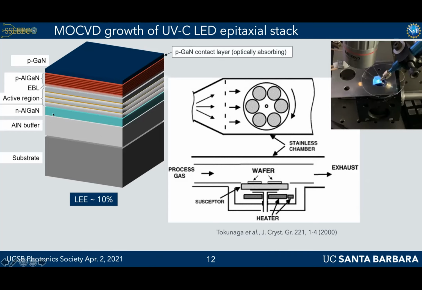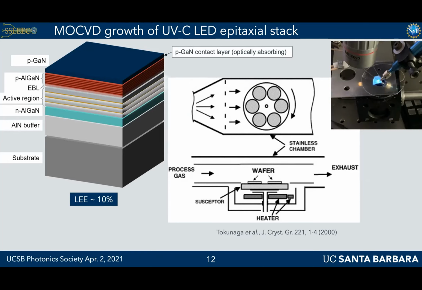Then we need to grow the N-type AlGaN. That's also not trivial, but there are some pretty reliable methods for doing that nowadays. Then, of course, the active region is a pretty standard LED active region with quantum wells. Then there's a sort of complicated p-type structure, including p-type gallium nitride. I just got done saying gallium nitride is absorbing, so you don't really want it.